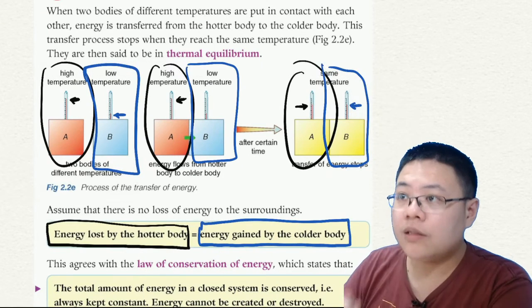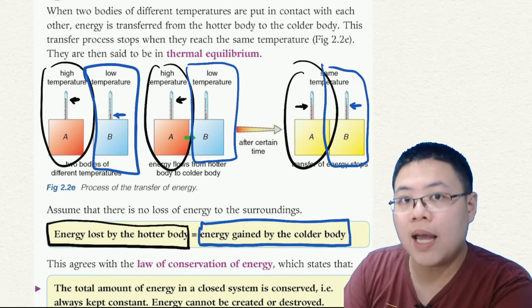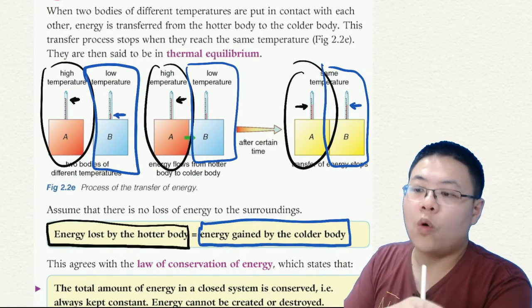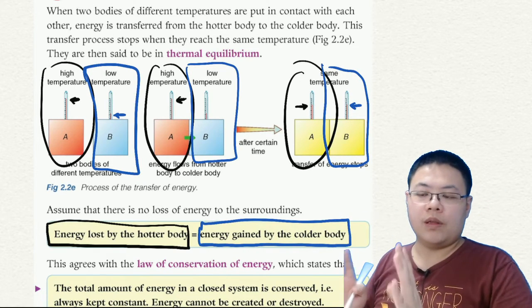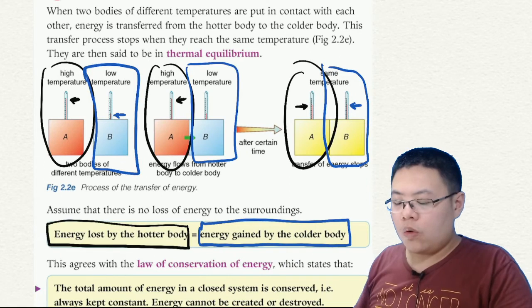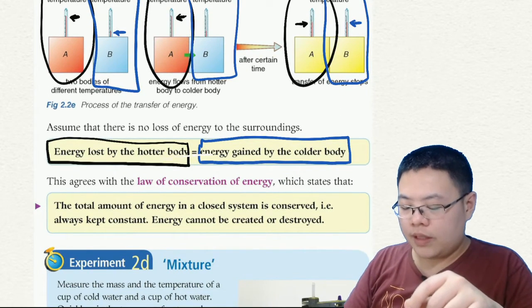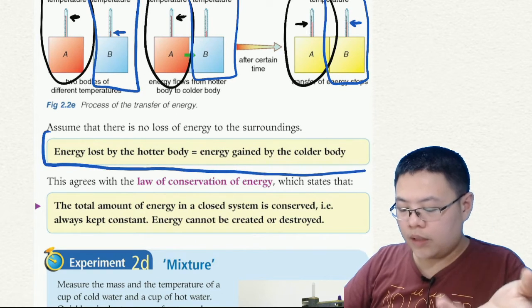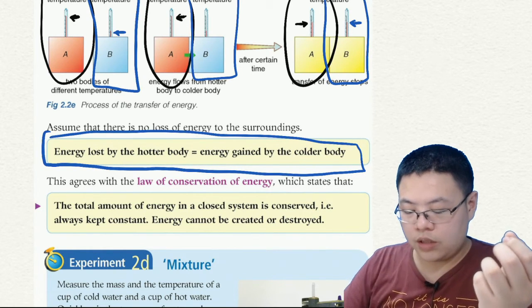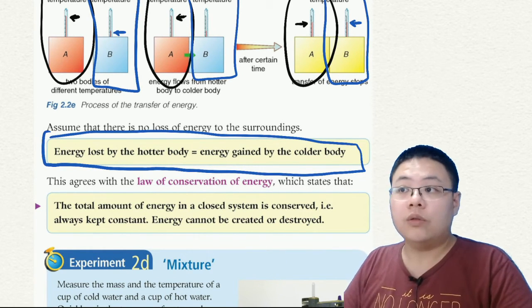And the amount of energy lost by A, since we assume that all the energy from A goes to B and nothing is lost, we can have this result. Energy loss of the hotter body is equal to the energy gained by the colder body.